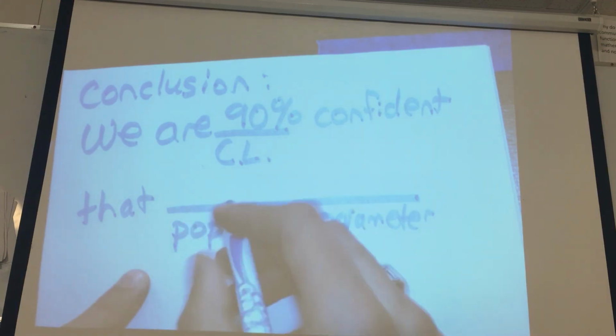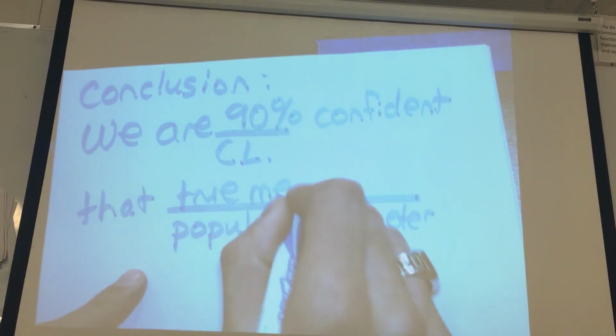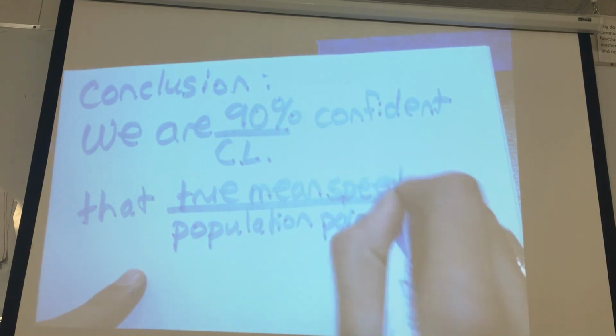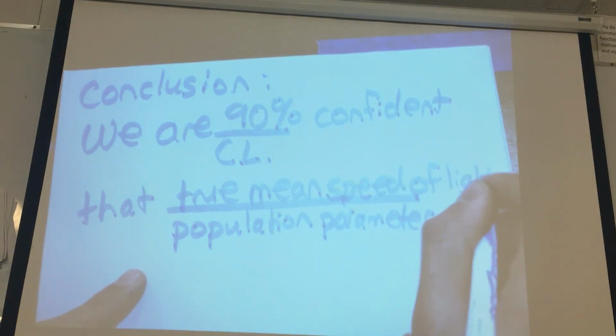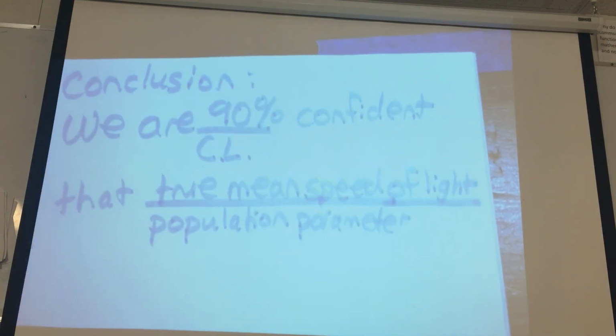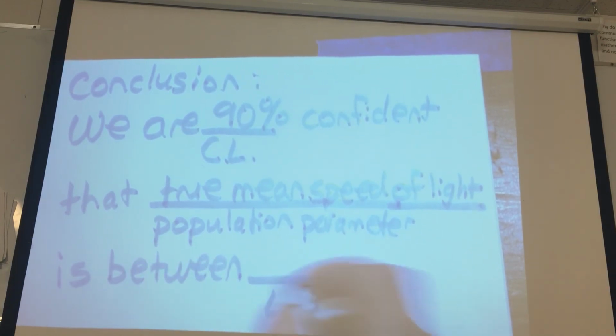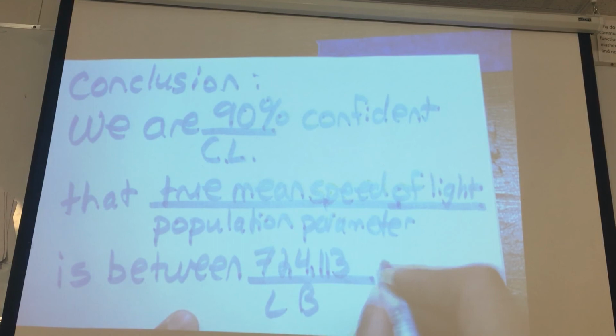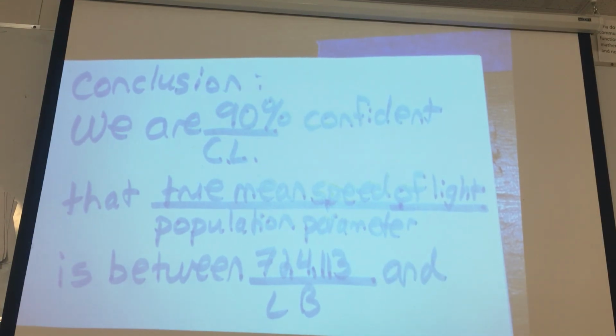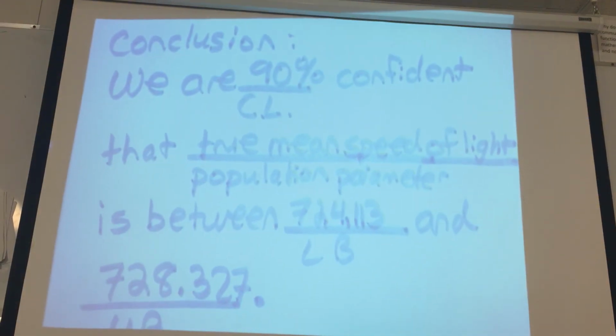So in this case, we defined it that the true mean speed of light is between the lower bound, which in our case was 724.113, and the upper bound, 788.327. The only things that will change are what is underlined.